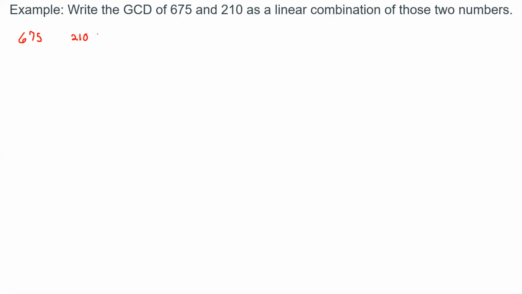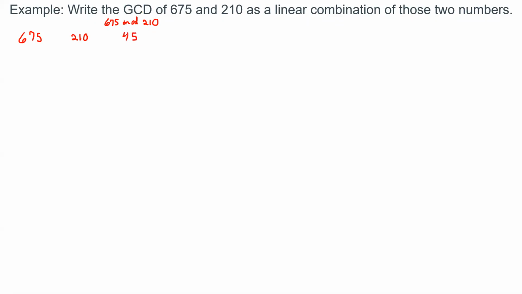Okay, so we start with our two numbers there, and then we're going to start taking the mod, right? So I want the large number mod the smaller number. And so when I find 675 mod 210, I'll just tell you, you would get 45.